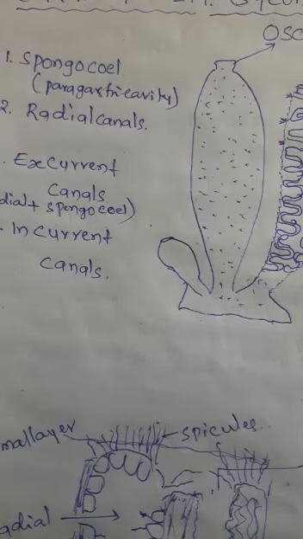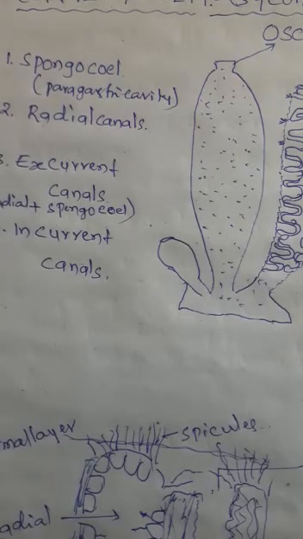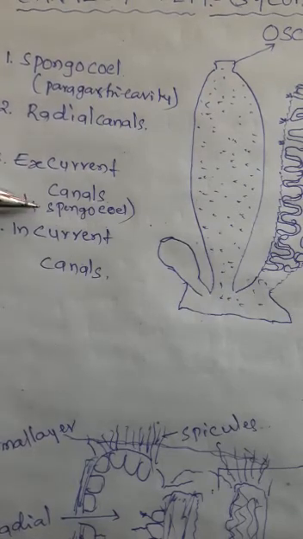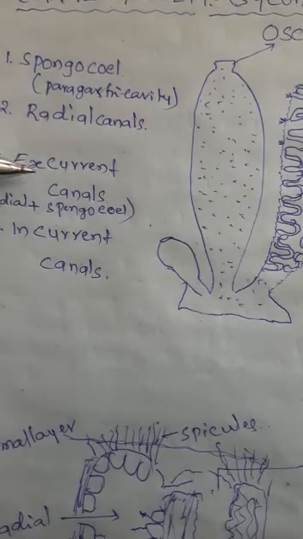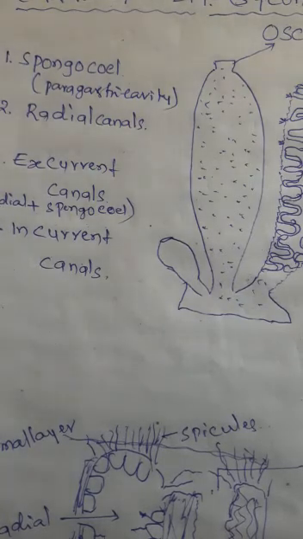Third, the external canal: the radial canal and spongocoel both connect to it. The external canal communicates with the spongocoel through an opening called the apopyle. Last, the incurrent canal.